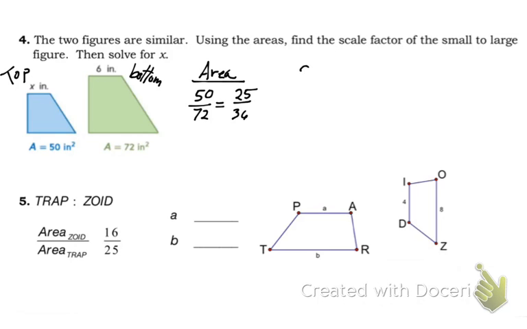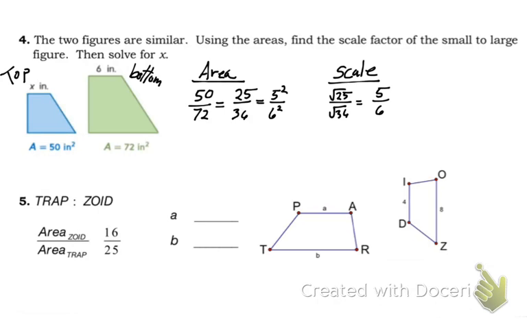So my scale factor is going to be the square root of 25 over the square root of 36, which is 5 over 6. In other words, this equals 5 squared over 6 squared, and that's for the 5 over 6. So my scale is 5 over 6.